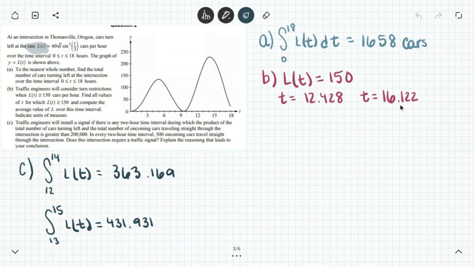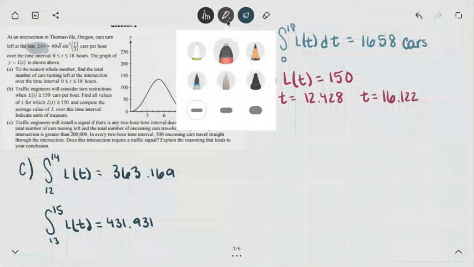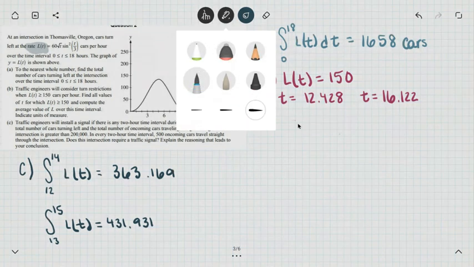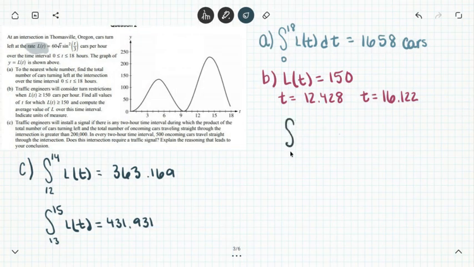And then from there, I needed to find the average value. The average value is the integral, because we're looking at values. I need the integral from the beginning to the end of the function. And then remember, I divide by the difference.